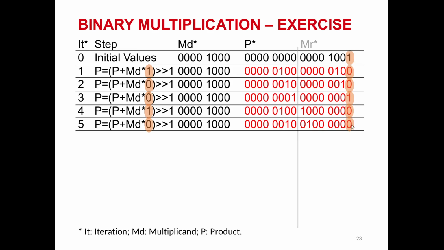After that here is 0, and similarly we will do nothing change for P, but just shift it 1 bit to the right, and so we have the new value here.